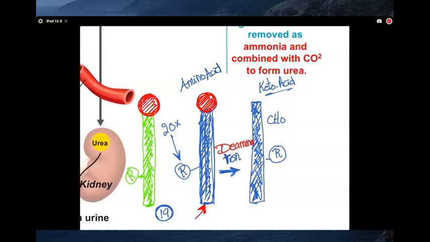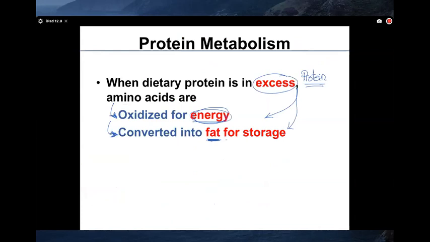And you're going to be transporting this amine group from this amino acid to this keto acid. We call this a transamination. So what I did here, I bring the keto acid, I transported the amine group from the amino acid I want to break down to the one I can actually deaminate.